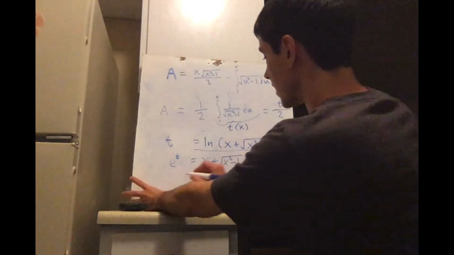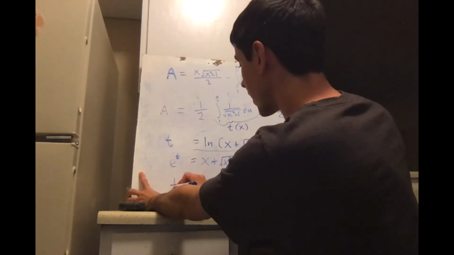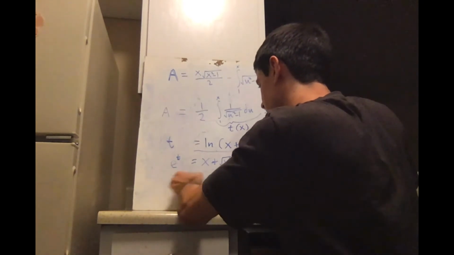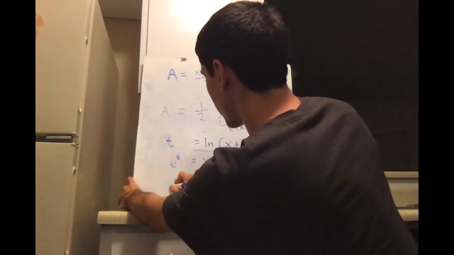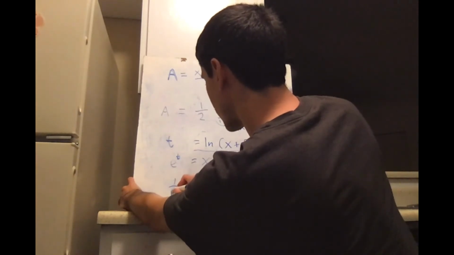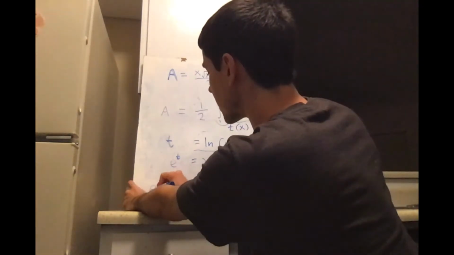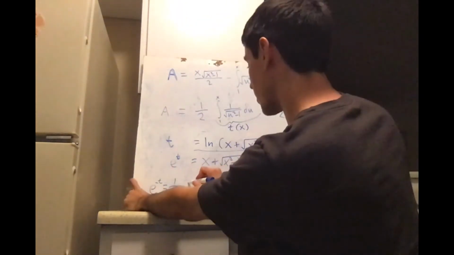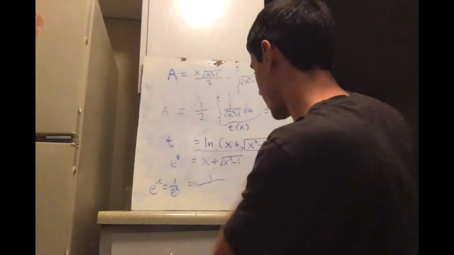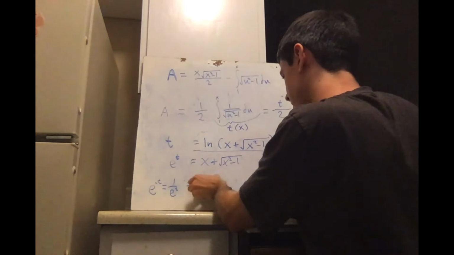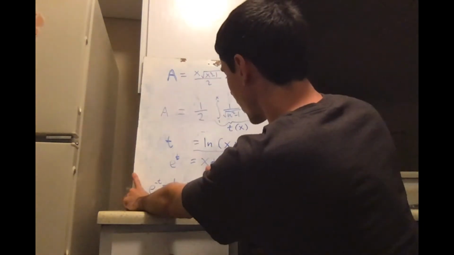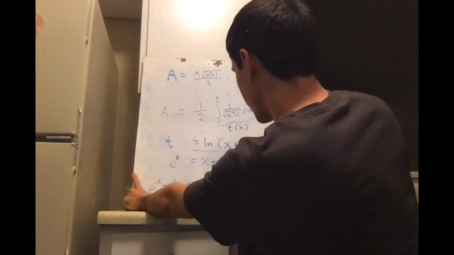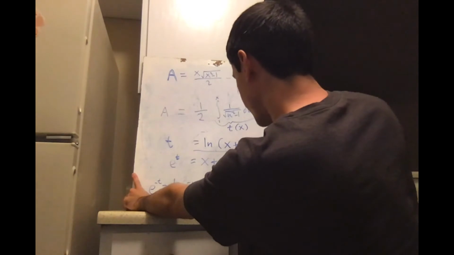But the good news is that we can take the reciprocal of both sides of this equation, and we get 1 over e to the t, which is of course the same as e to the minus t, right? e to the minus t equals 1 over e to the t, which equals 1 over x plus the square root of x squared minus 1.